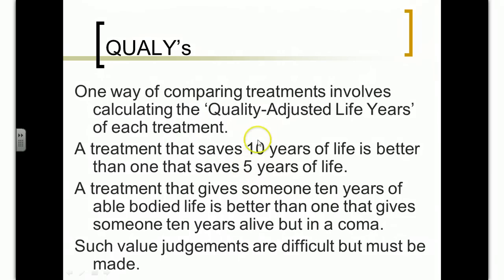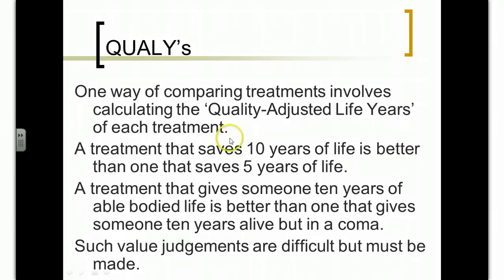The issue here is that at its crudest, that's not quality adjusted. Is providing 10 years of continued life to somebody in a vegetative state the same as providing 5 years of life to somebody who's fully active? Which of those are providing better value? Somebody who's in a constant coma, or somebody who can resume a normal life?